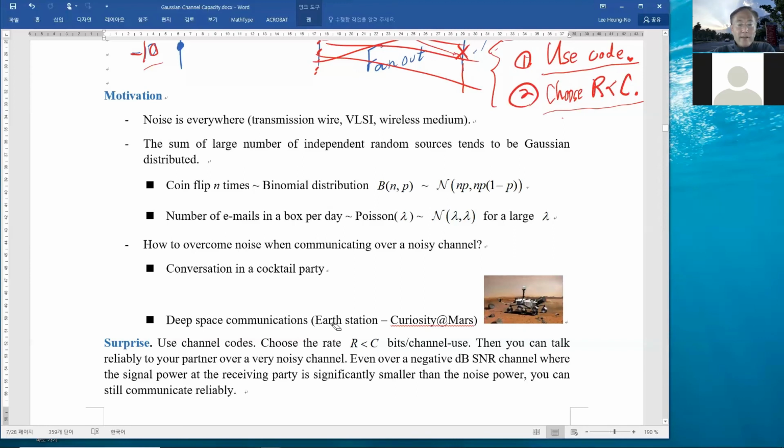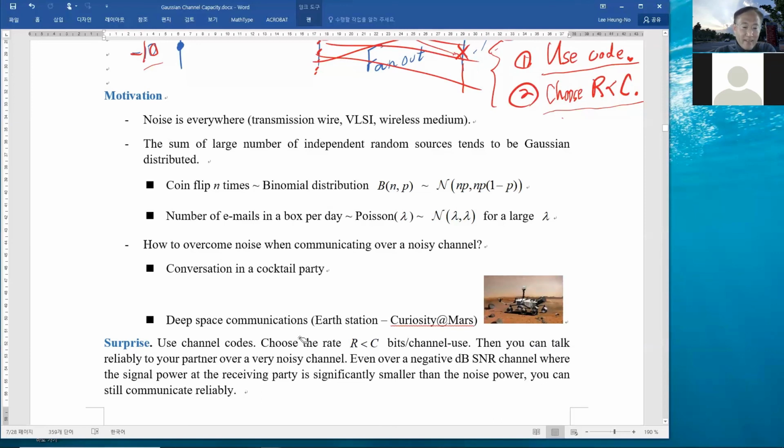So it will be almost a negative SNR. The signal power is even smaller than the noise power. In such a case, in a negative decibel SNR case, how can we do the communication? That's the motivation for learning the channel coding theorem for Gaussian channels. So surprise!